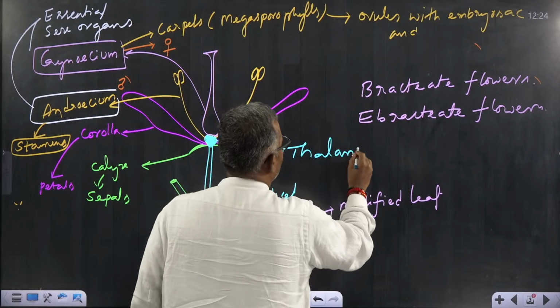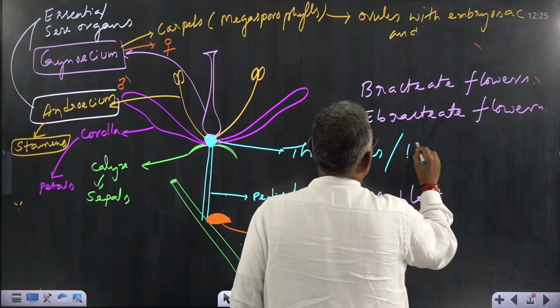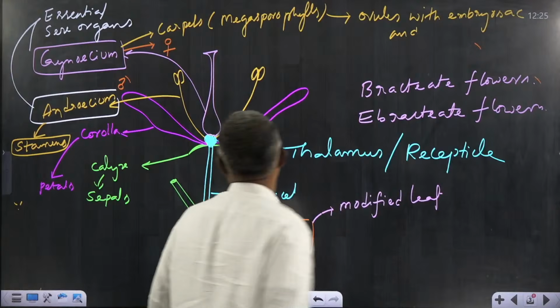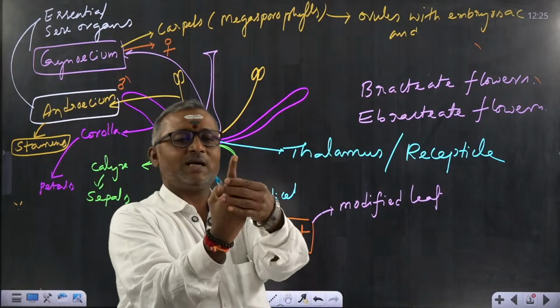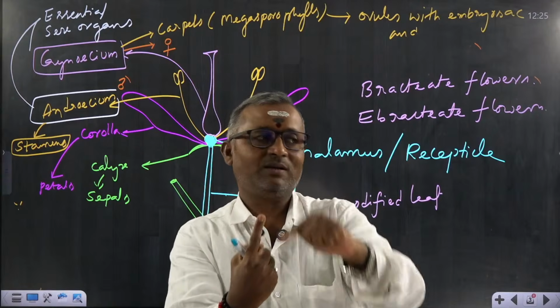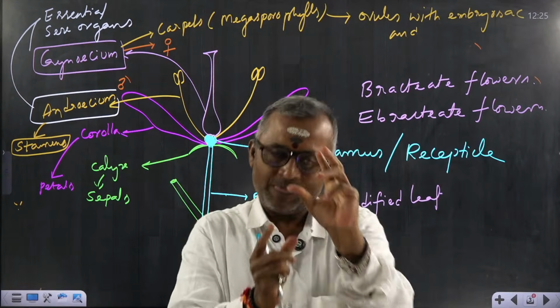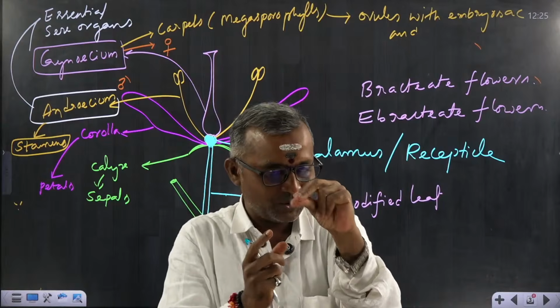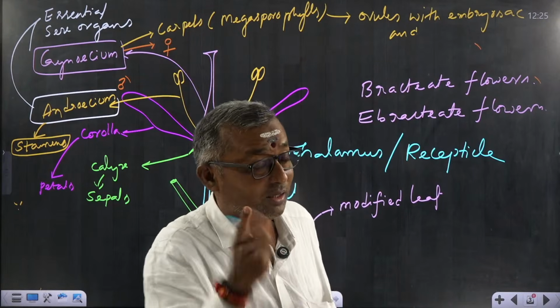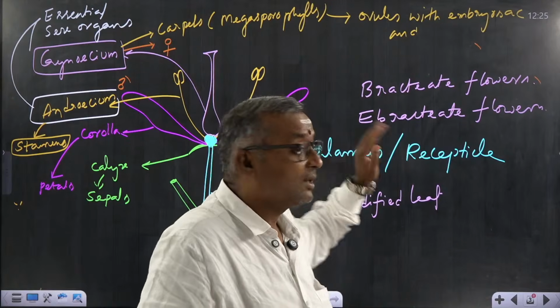The thalamus is also called receptacle. Receptacle, thalamus, both are same. Say this is the pedicel, right? The tip of this pedicel itself is thalamus. That gets condensed, means it became shortened. That shortened tip of pedicel itself is called thalamus.